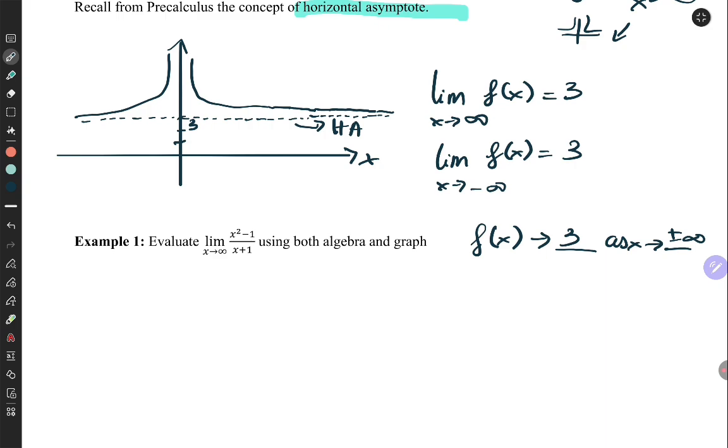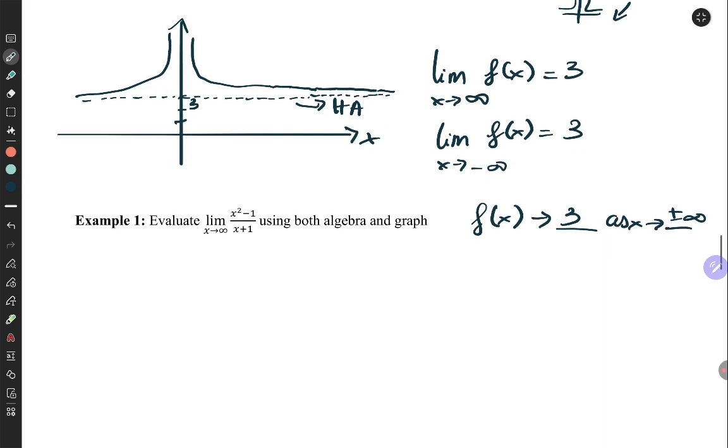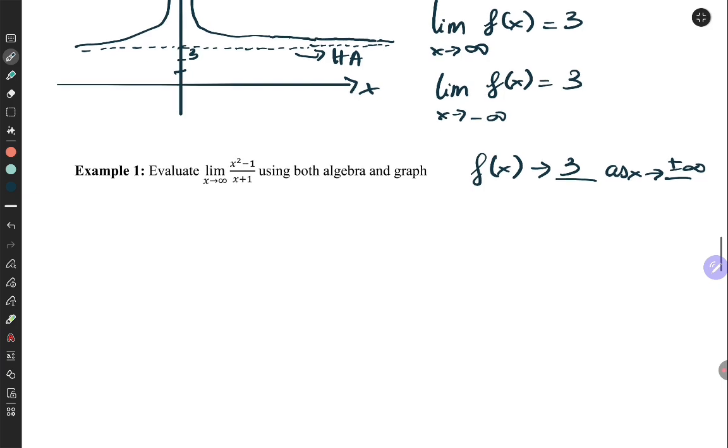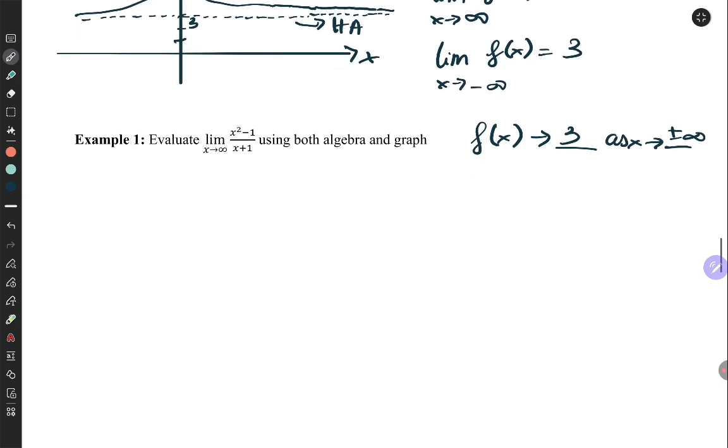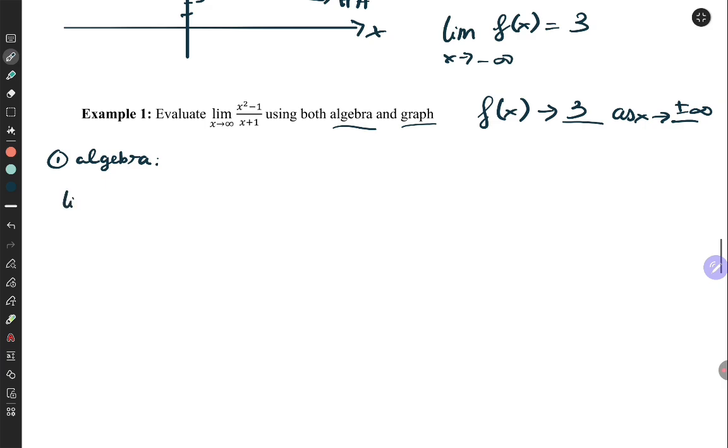Now, evaluating this is a little bit more complicated, using both algebra and graph. Of course, I will give you the graph of this, but let's do algebra first. That means just plug in, analyzing as much as possible. X squared minus 1 over x plus 1.